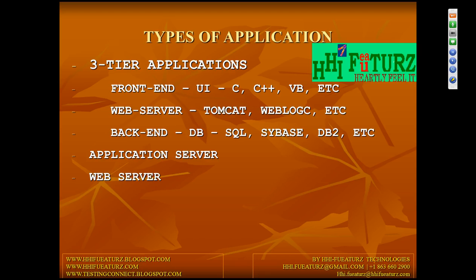So these are nothing but the four types of applications you will come across: one tier, two tier, three tier, n tier. Instead of this, you can also consider at a very high level two types of applications: client server as well as web based applications.